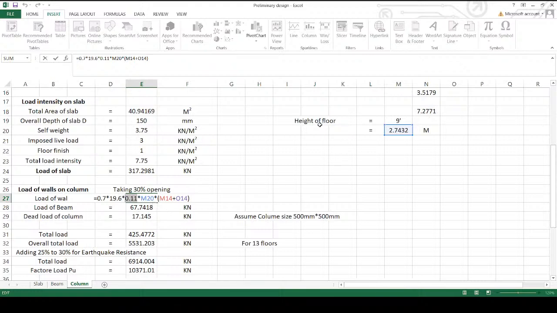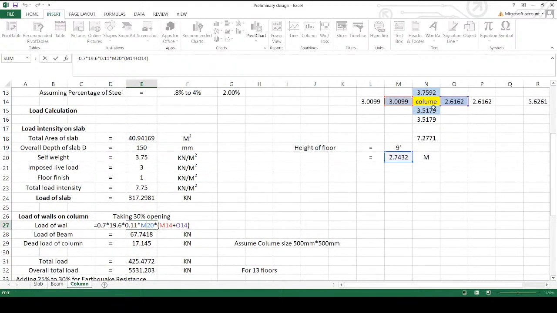Then you should multiply and sum up the walls on the column sides.